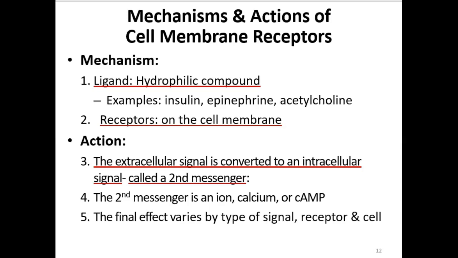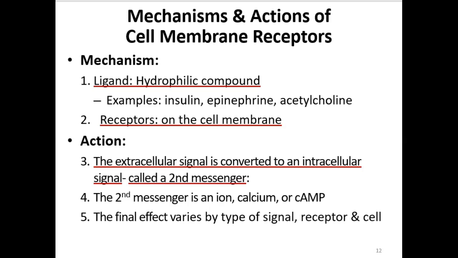The actions of ligand cell membrane receptor binding are not as straightforward as in the case of intracellular receptors. The final actions or effect on a target cell will vary depending on the specific ligand and the type of target cell. But in all cases, the ligand, which is extracellular, is converted to an intracellular signal.